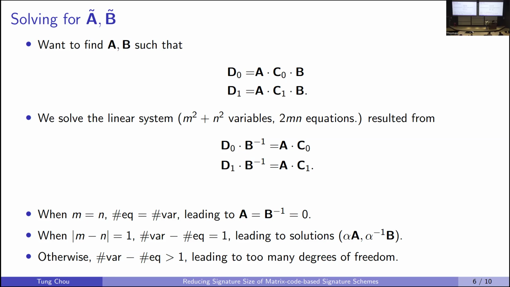What I mean by too many degrees of freedom is that the prover can choose a solution from this bigger solution space, but you may have problems for the verifier to agree on the same solution. So this will lead to an incorrect, invalid sigma protocol.